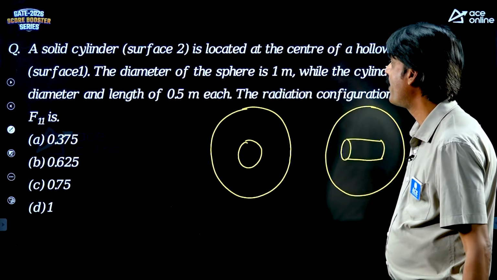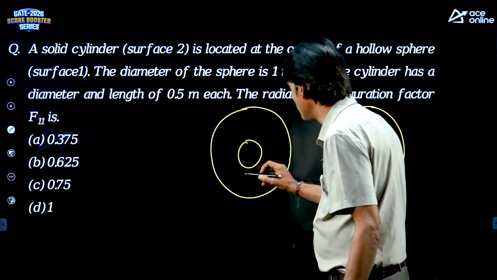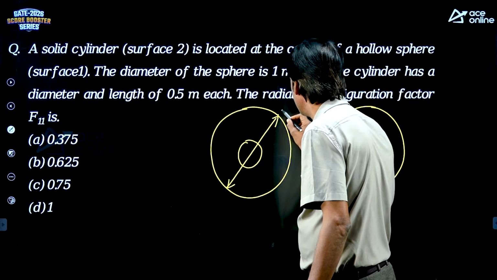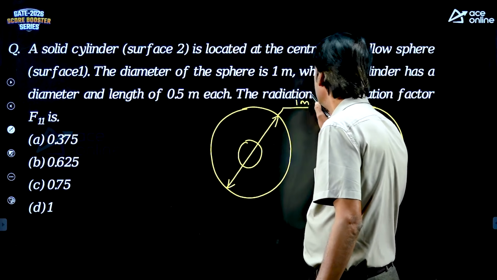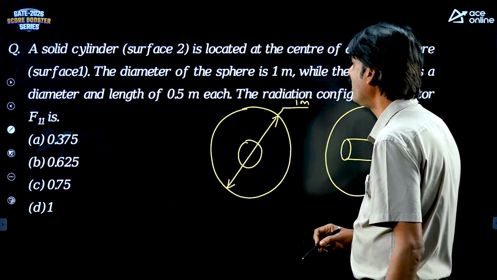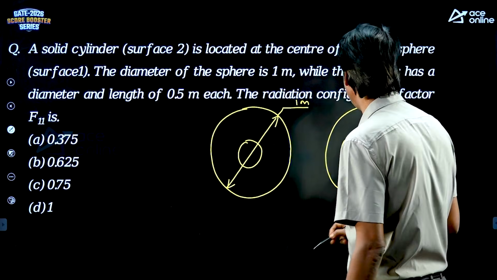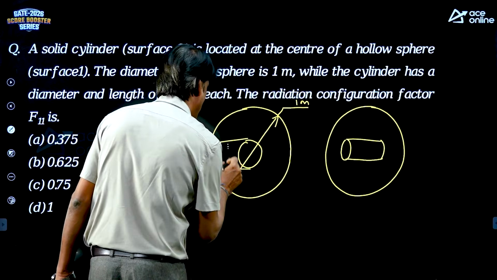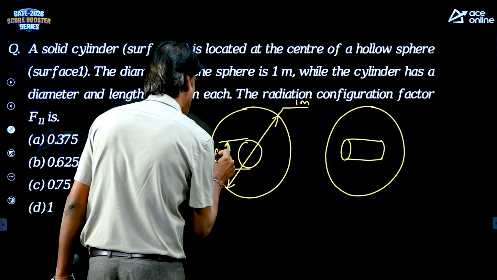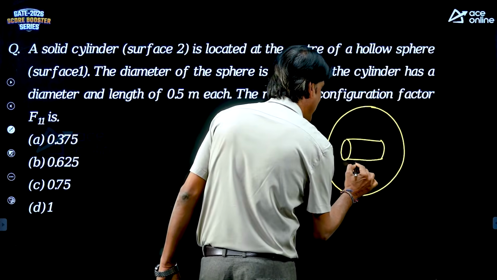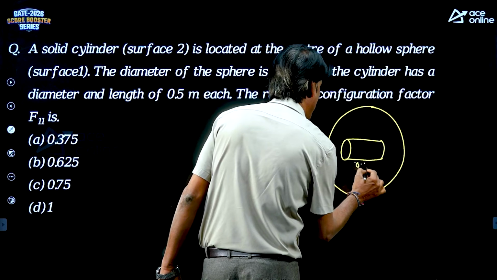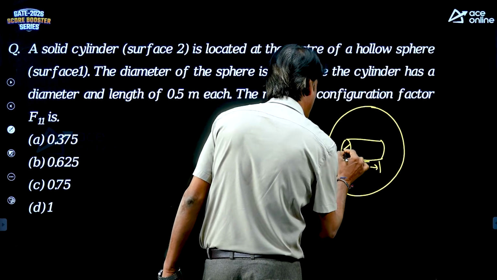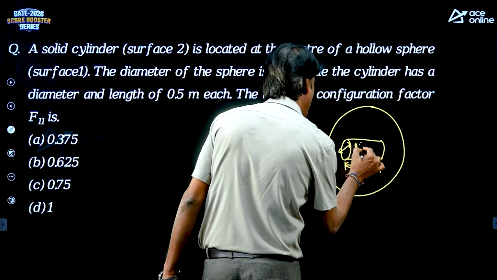The diameter of the sphere is 1 meter, while the cylinder has a diameter and length of 0.5 meters. So its diameter is 0.5 and length is 0.5 meters.